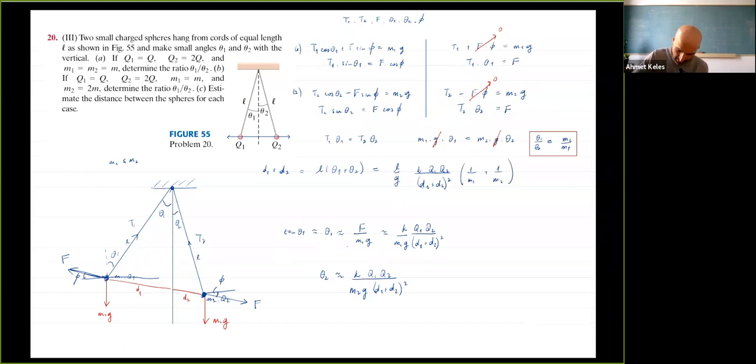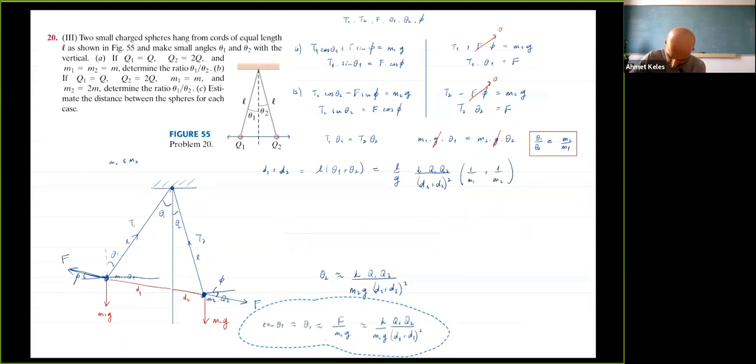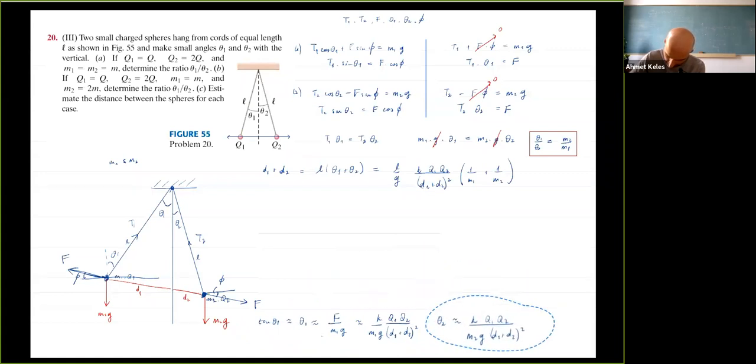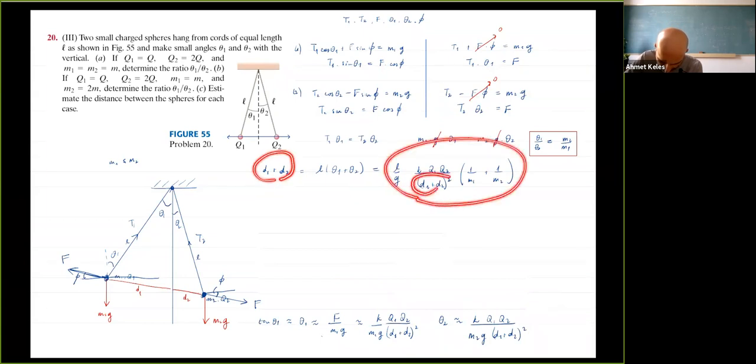Okay, so let's put these here. Now I can look at this equation. I have an equation for D1 plus D2 in terms of D1 plus D2. I can take D1 plus D2 squared to here and take the cube root of both sides.